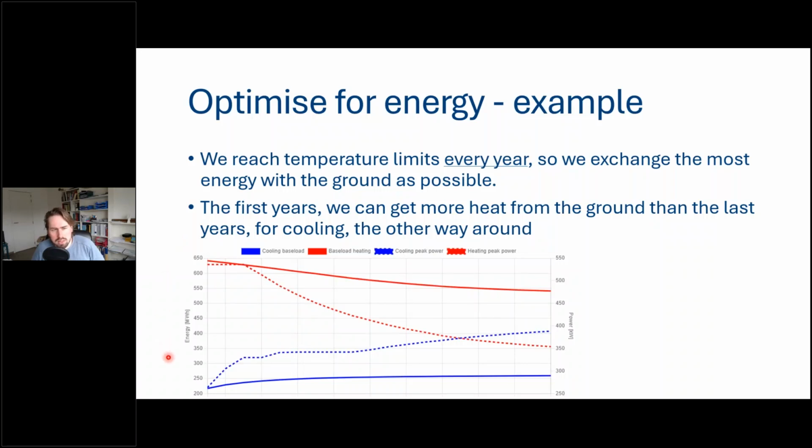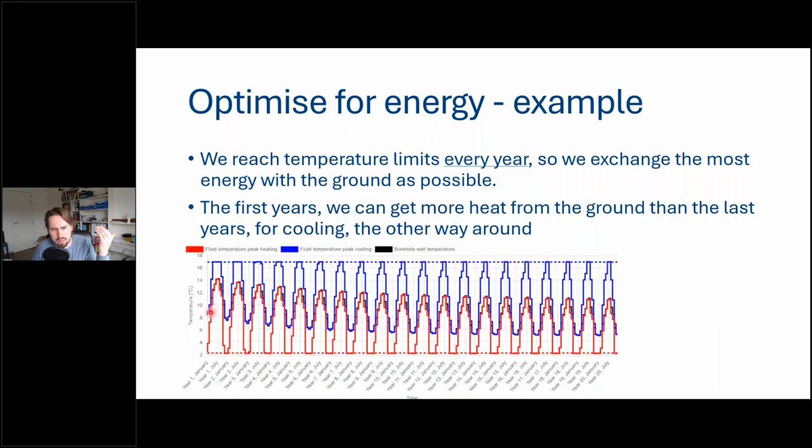So what you can see here is a 2-axis figure. You have the time horizon on the x-axis, you have the power on the right, and the energy on the left. And what you can see here is that year after year, our peak heating power drops. And this is because in the slide I showed you before, there is an imbalance.